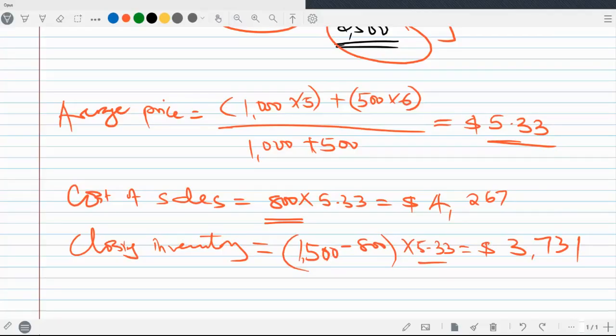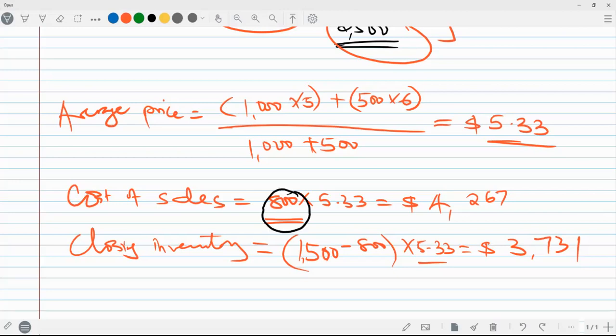I've not understood it from the part where I've written cost of sales is equal to 800 times 5.33. Okay. So that 1st of March, how many items are you selling? 800 items, 800 units, is it?